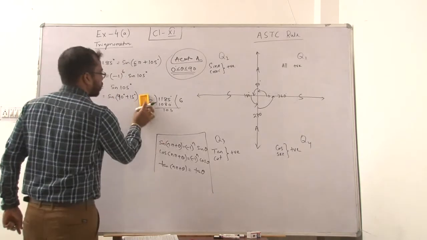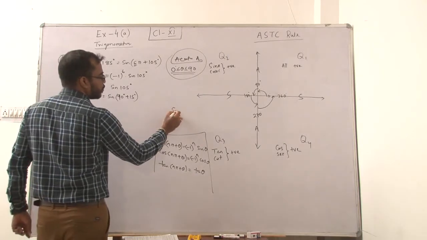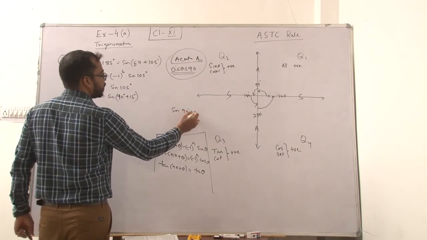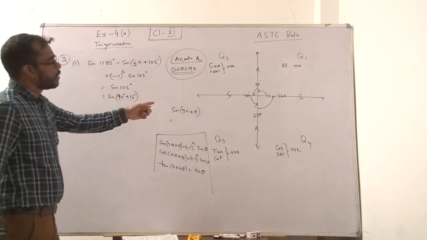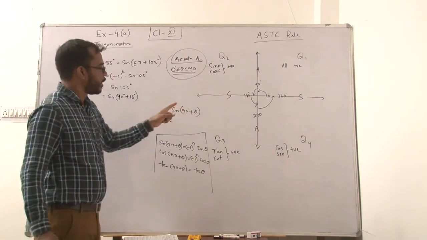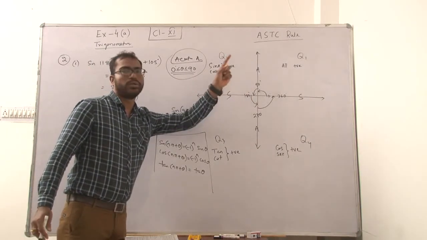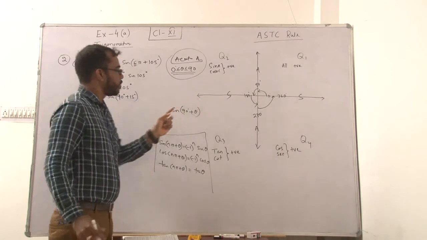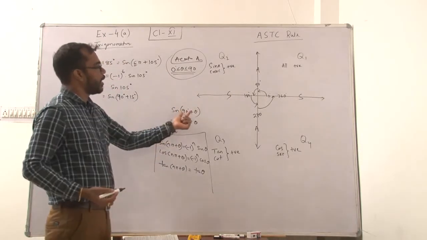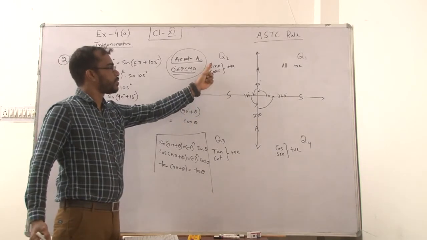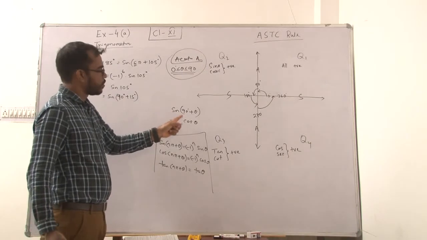So you can use the formula sine (90 degree + θ). You can also use the ASTC rule. That means the 90-related formulas are all alternate, so you can write cos θ. And 90 plus θ lies in the second quadrant, where sine and cosecant are positive, and here we have sine, so it is positive.